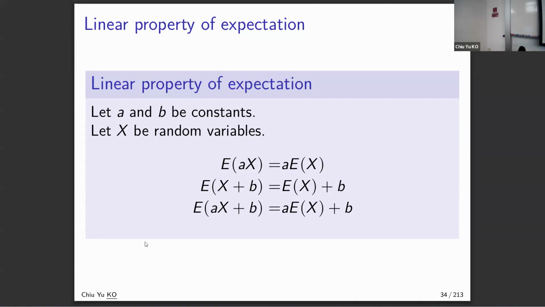Then what will be my expectation if I invest in 1,000 shares? The good thing is, if you only care about expectation, there's no problem focusing on one single stock, because the expected return or expected price will be 1,000 times that. You don't have to worry about it if you invest in 1,000 stocks. Just multiply by 1,000. So that is the first idea.